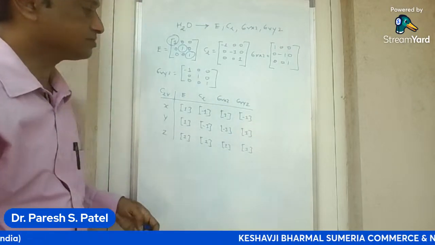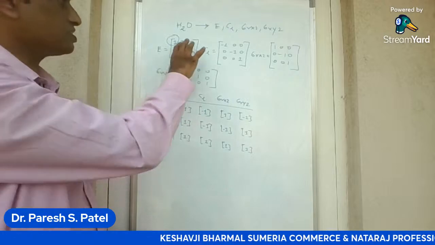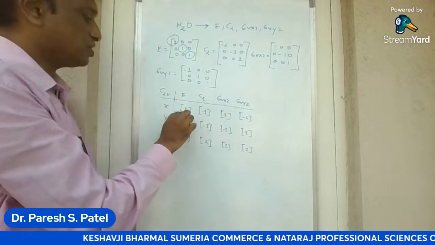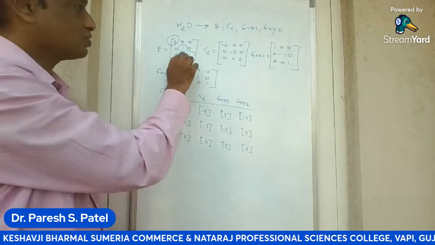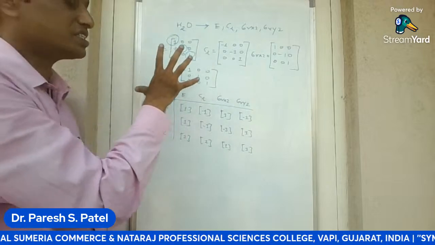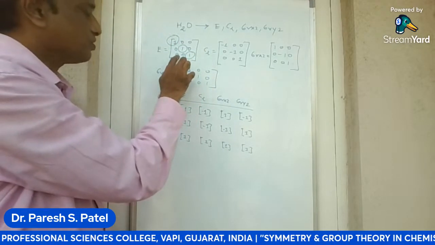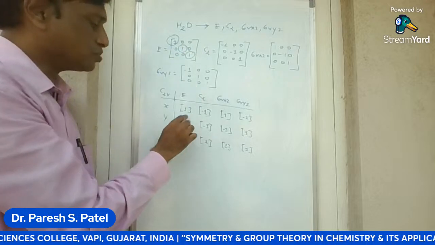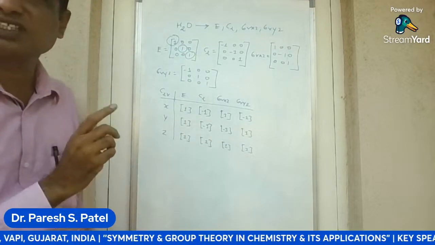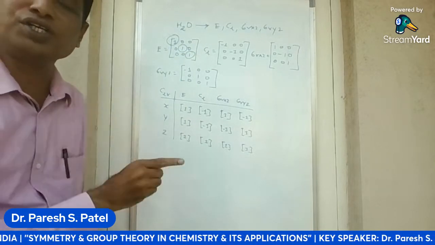Clear? So, dear students, we can reduce this three-dimensional matrix into one-dimensional matrices. So these representations are reducible representations.